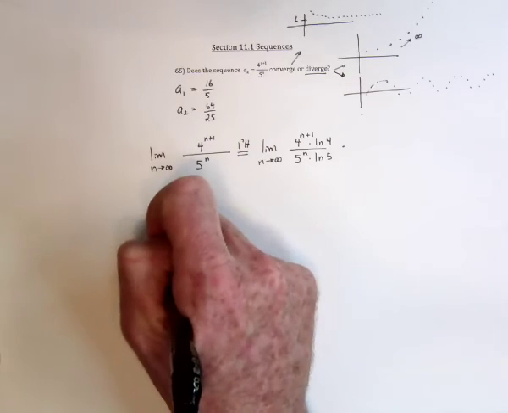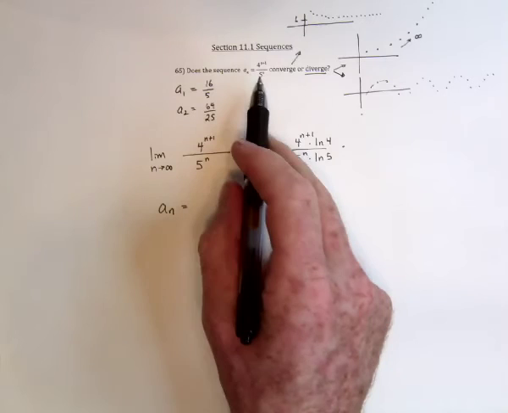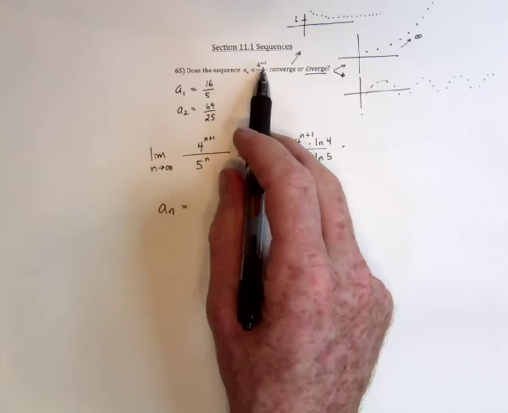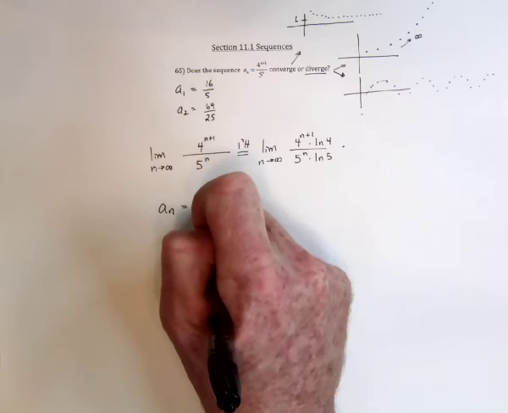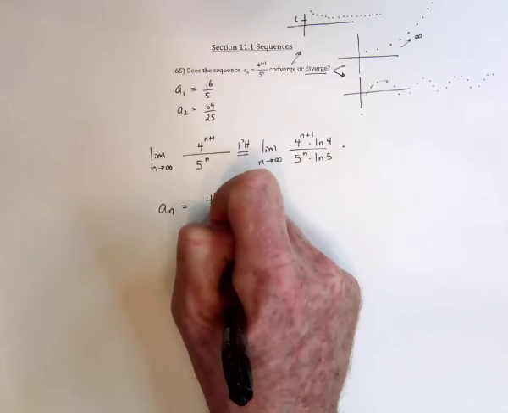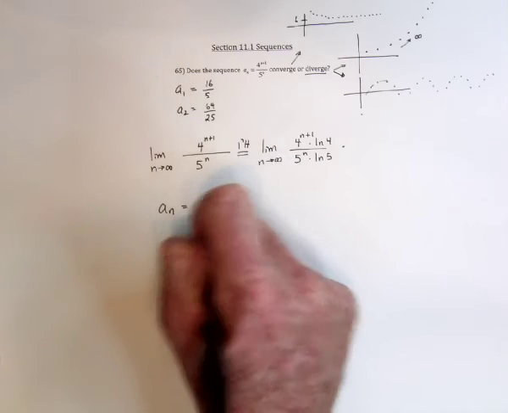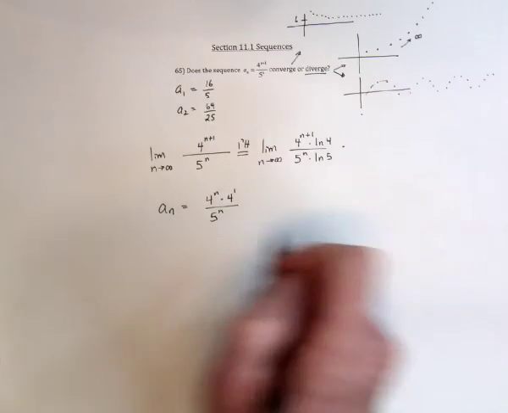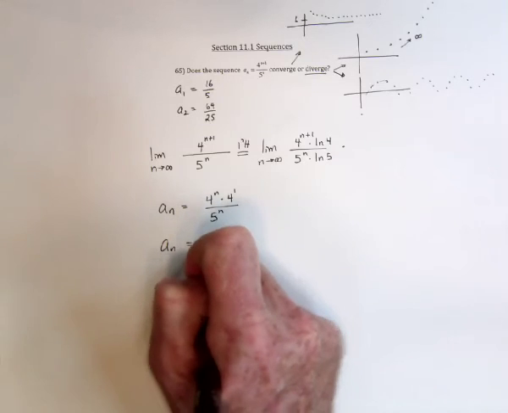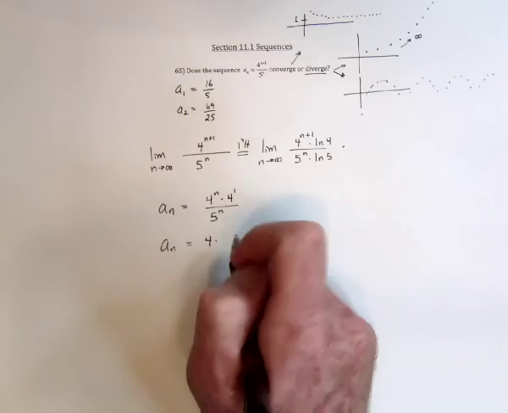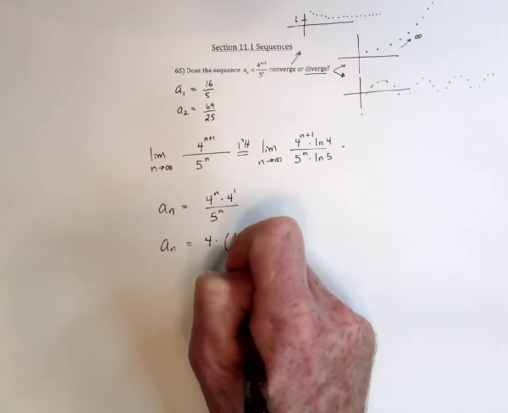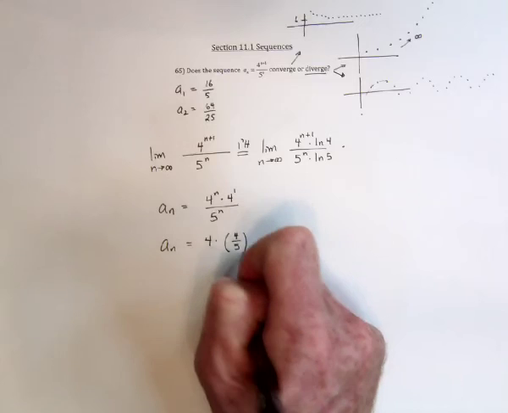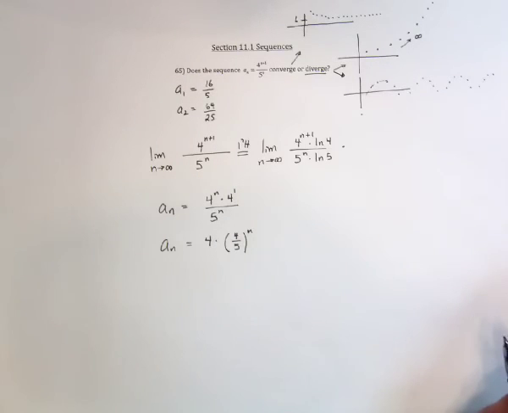a_n is equal to, well, this has a 4 to the n and a 4 to the 1. So I could rewrite that as 4^n times 4^1, and then put the single 4 in front, and then this is (4/5)^n.